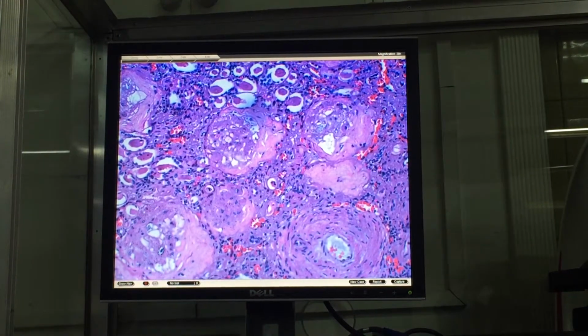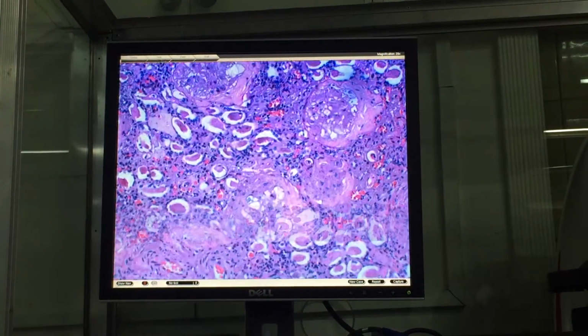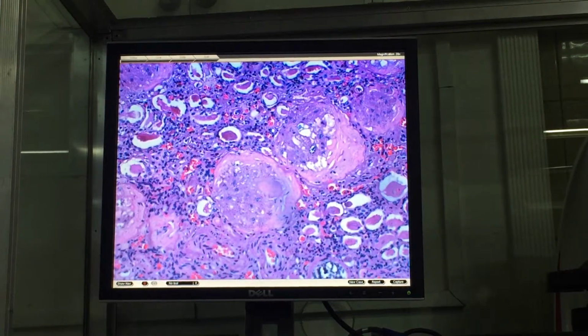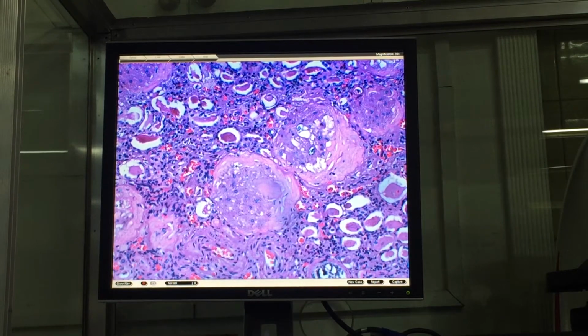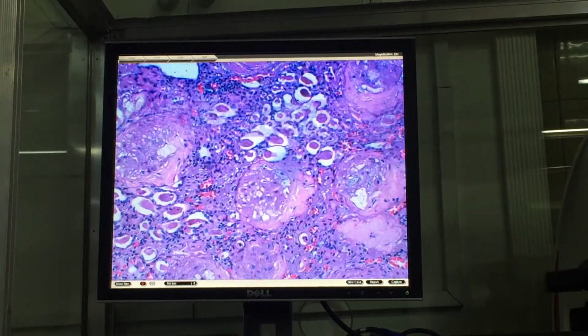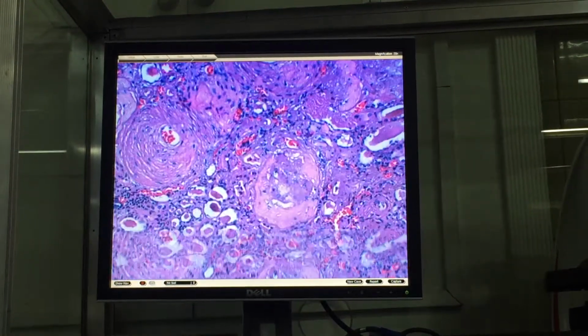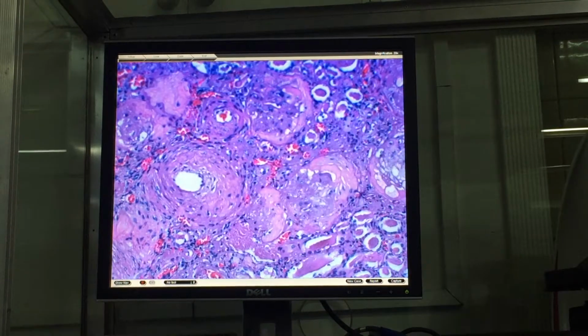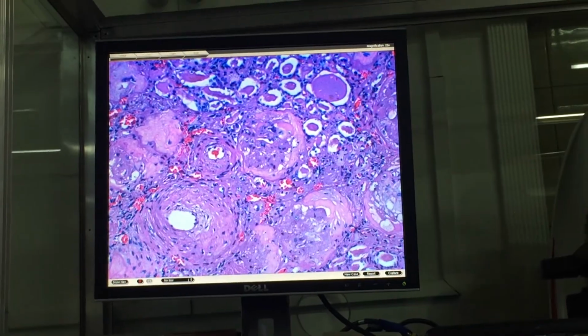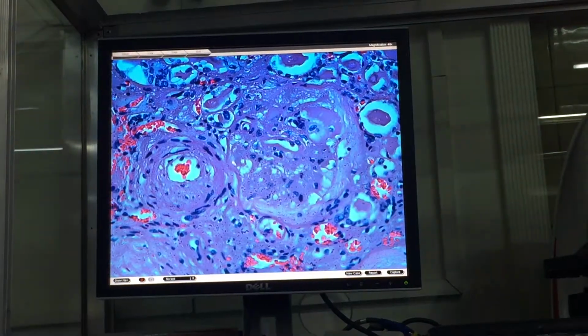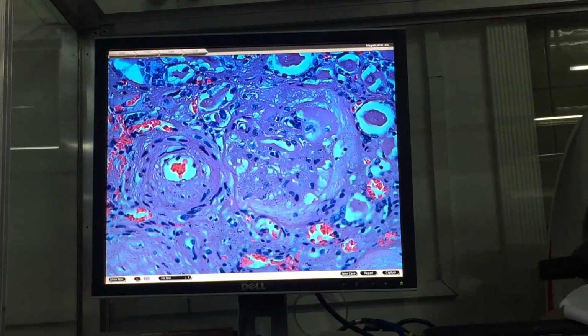See, some of these glomerulus are completely sclerosed. Okay, you won't see any more structure, but some are, you can still see some remnants, okay, like this one. Higher magnification, okay, you can still see some mesangial cells.